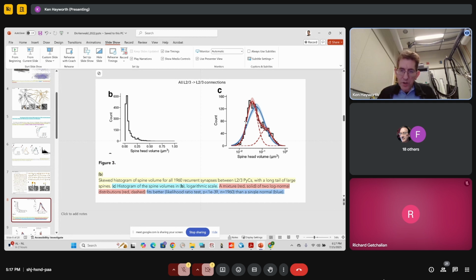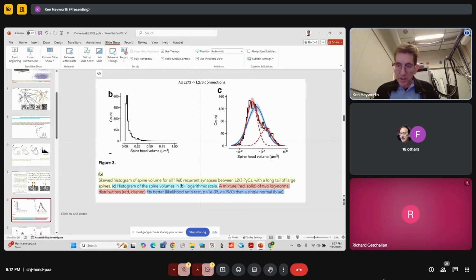And already the black here is the actual histogram. The blue is the best fitting regular log normal fit, and it doesn't fit very well. And already you can see that a bimodal fit would seem to fit better.